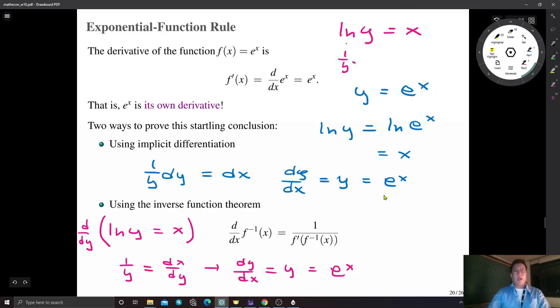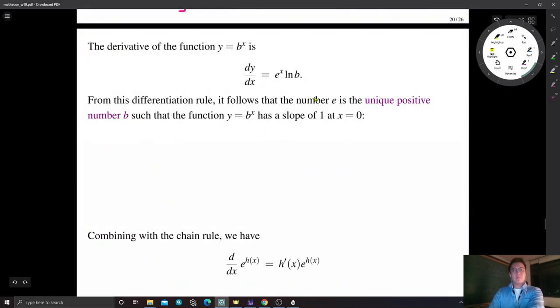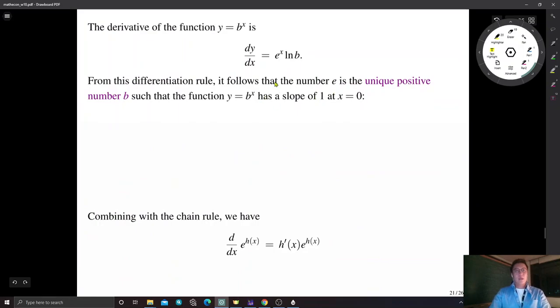Either way, we obtain this conclusion: the derivative of the natural exponential function is itself. Using that formula, we can compute the derivative of any exponential function.